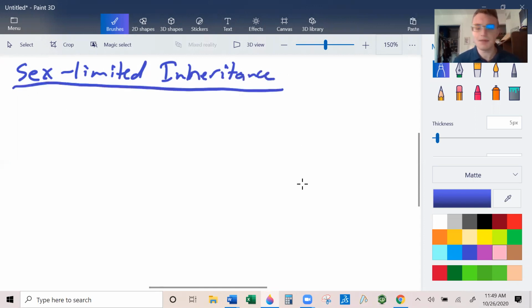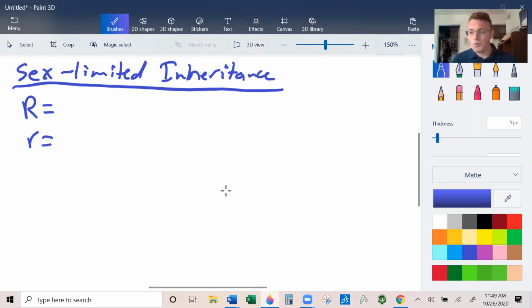Okay, so for sex-limited, the trick here is that this is not a difference with big R and little r. This actually has something to do with how the phenotypes are manifested. With these, often you will have a big R allele and a little r allele again, and big R will mean something and little r will mean something.